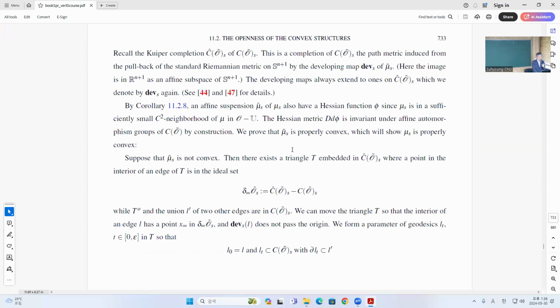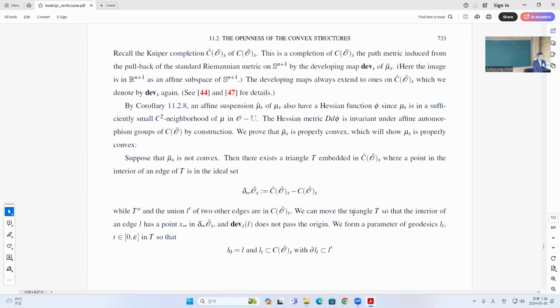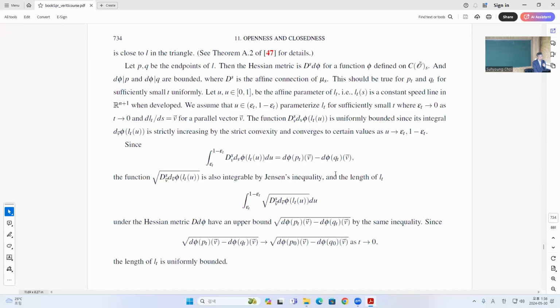The convexity just follows from the Hessian metric, and the reason is of course that if it's not convex, there's a triangle which is embedded in this cone with one edge in the ideal set, and then under Jensen's inequality you get a contradiction.